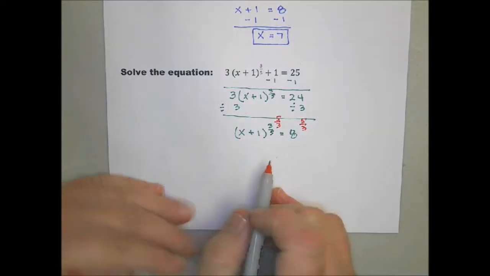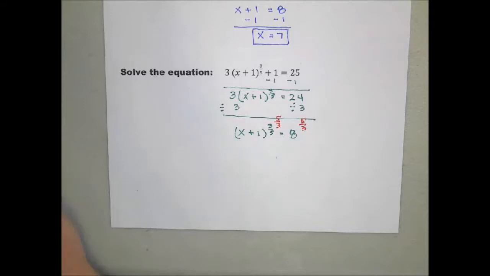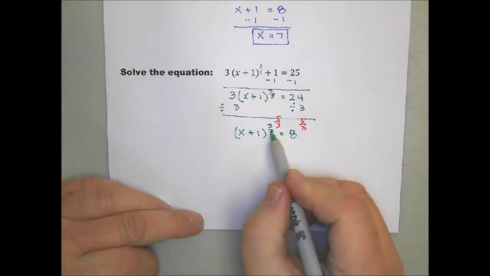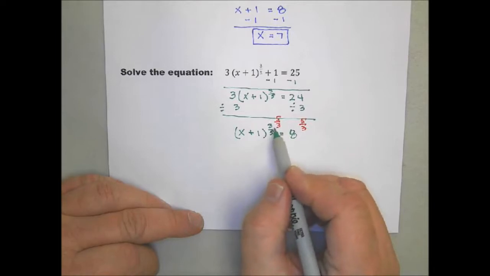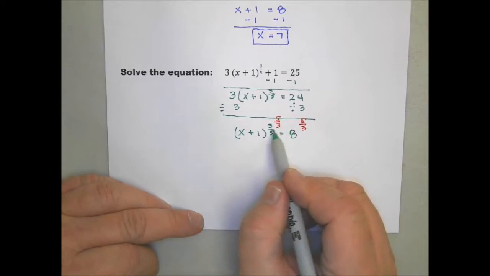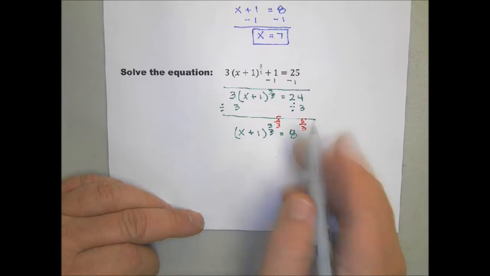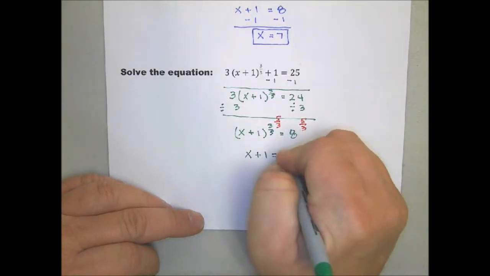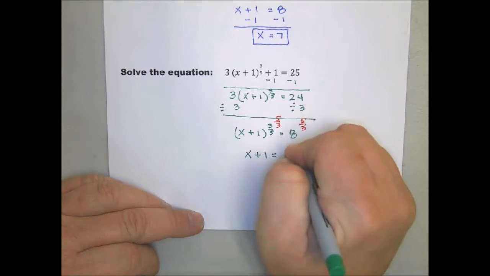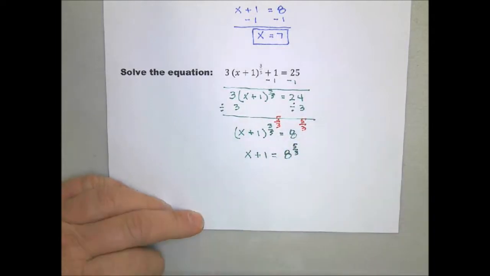What that's going to do is clean up the left-hand side, because I've raised a power to a power, and they're reciprocals, so they're going to cancel each other. So all I'm left with is x plus 1 equals whatever 8 to the 5/3 power is.